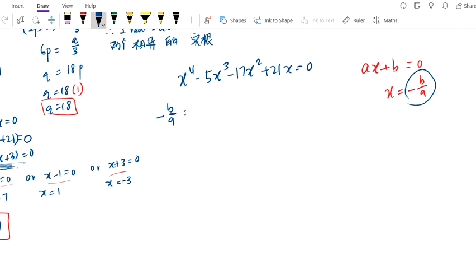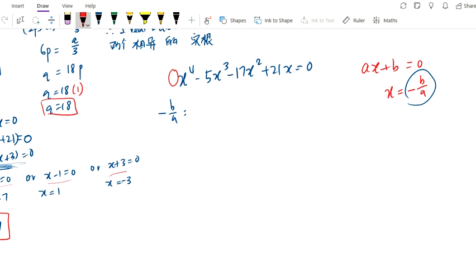This negative b over a is different from your quadratic equation one, because this one is for the polynomial. Then how do we determine the value of b over a? Actually, we are considering the factor of the x with the highest degree and the x with lower degree.